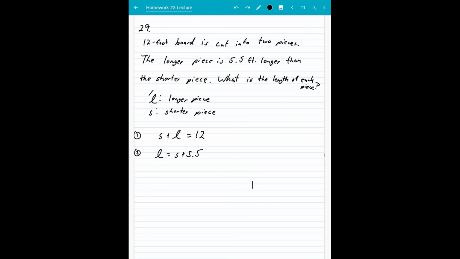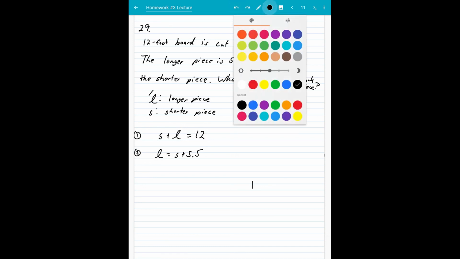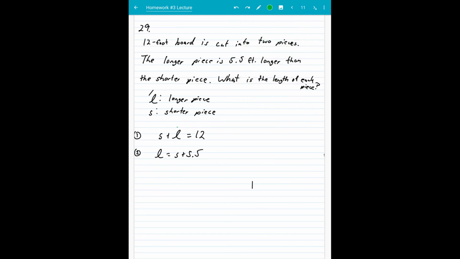So like we had them all, they had X, Y, or Z, but they didn't have any other mixed up variables in there. What I want to do is instead of saying S plus L, we're going to do a substitution. Instead of writing L right there, we're going to take this guy and substitute it into there because L is equal to S plus 5.5, meaning it's the same thing.